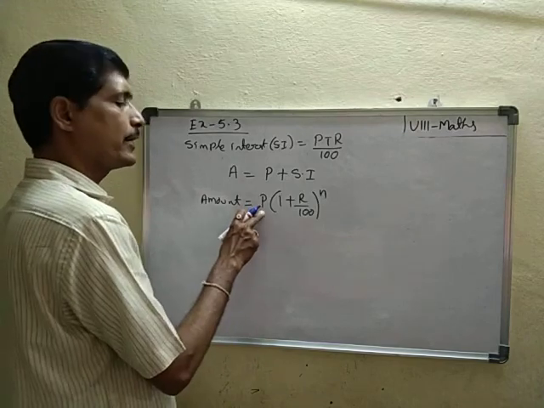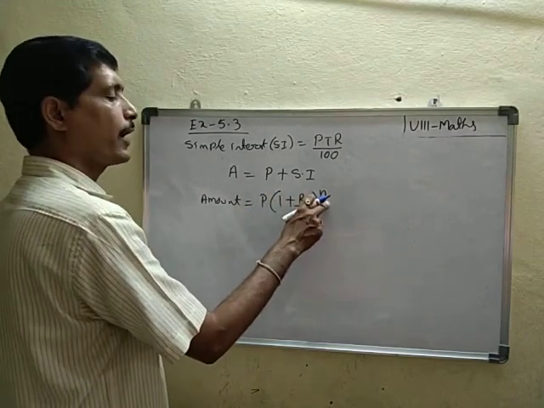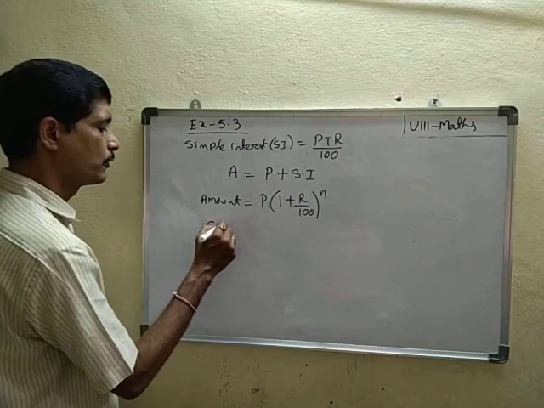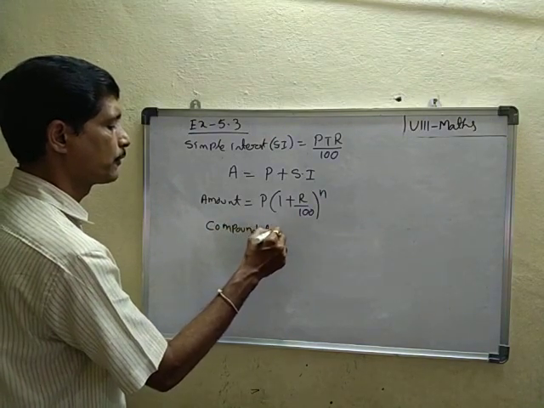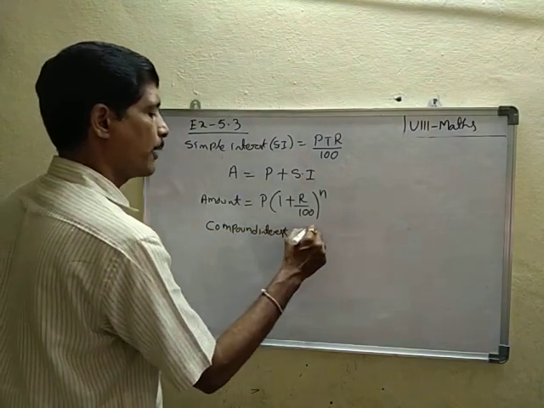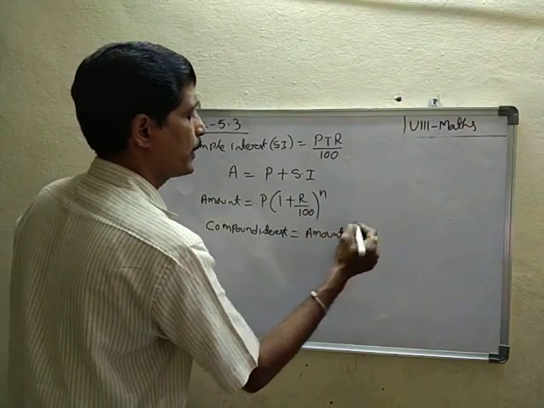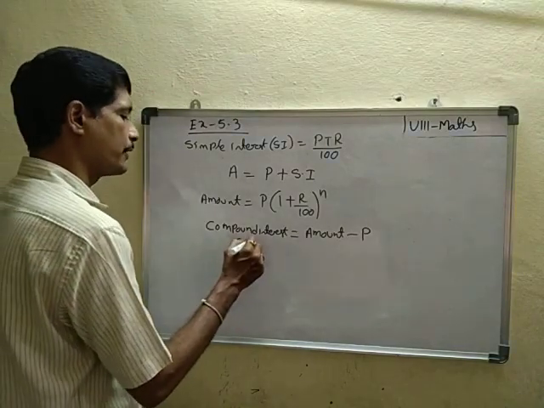Here P means the principal, R is the rate of interest per annum, n is the number of years. Therefore compound interest equals amount minus principal, you get the compound interest. Compound interest means CI.